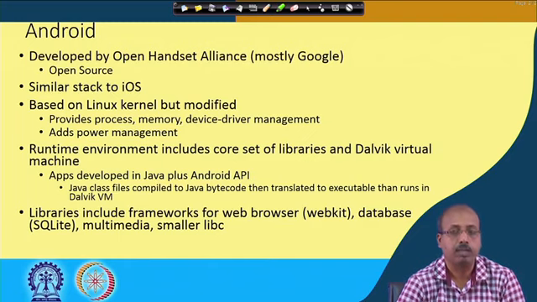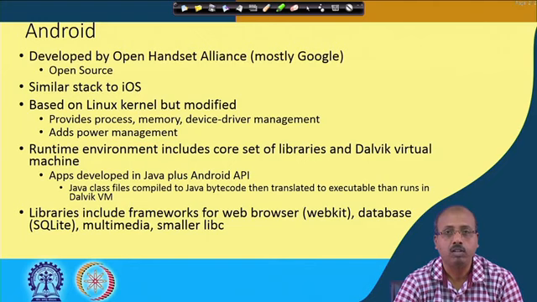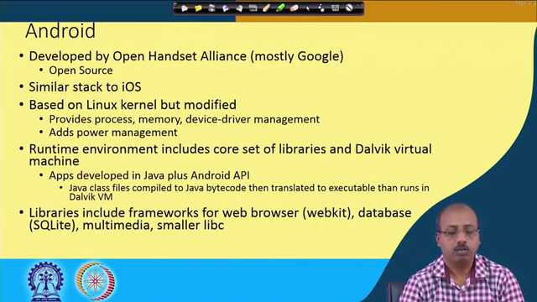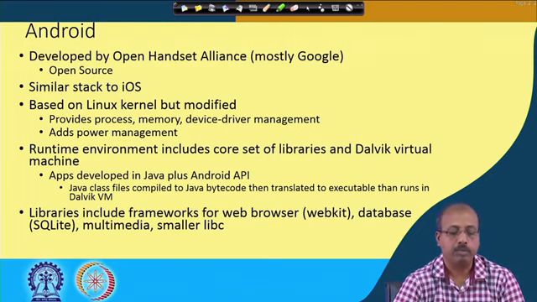For Android, which mostly works on mobile phones, power is a very important issue. We cannot have high power consumption, so whenever some hardware part is not used, it has to be shut down. So, the Linux kernel has been modified in Android to take care of power management.